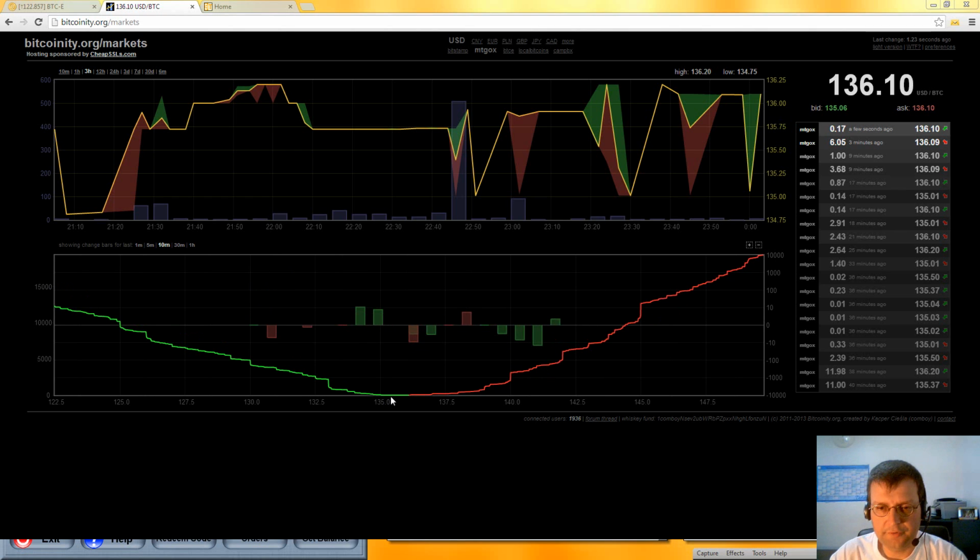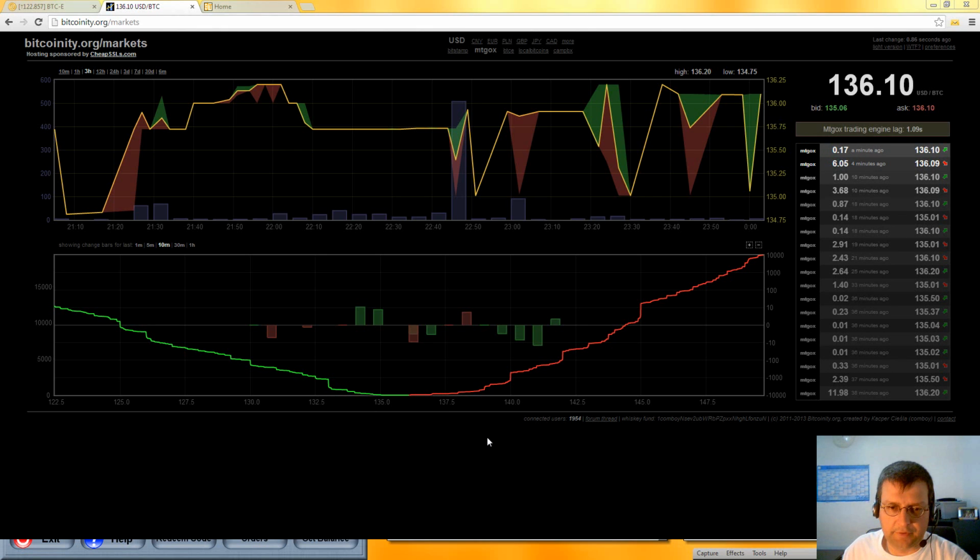And well, you can move your mouse and then you can see how much bitcoins have to be sold until the price hits a certain level. So in order to go down to 133 USD, roughly speaking, more than 1,000 bitcoins have to be sold.